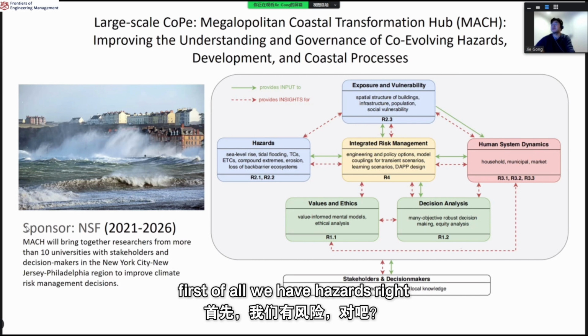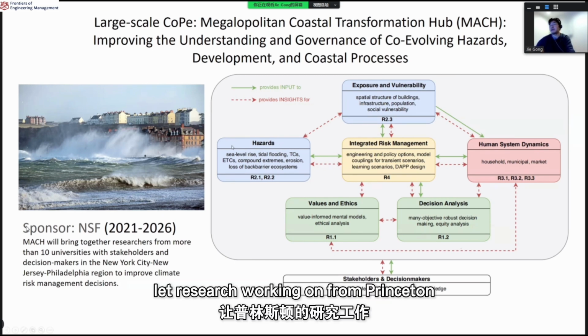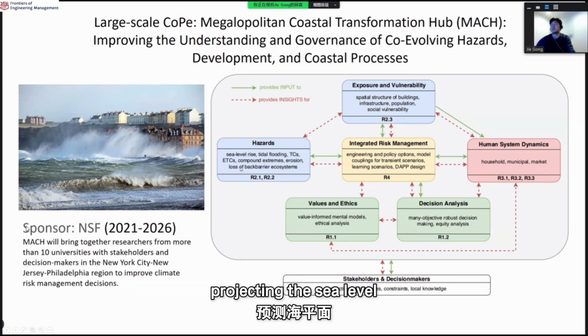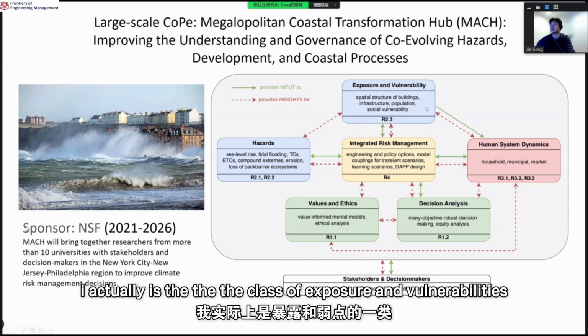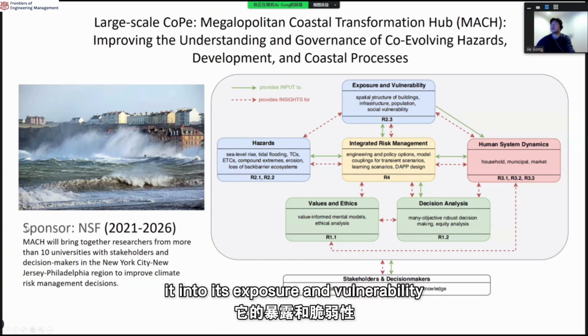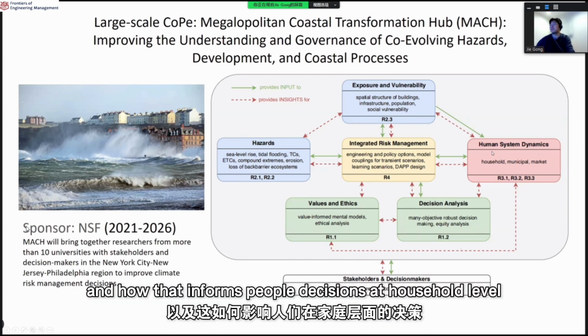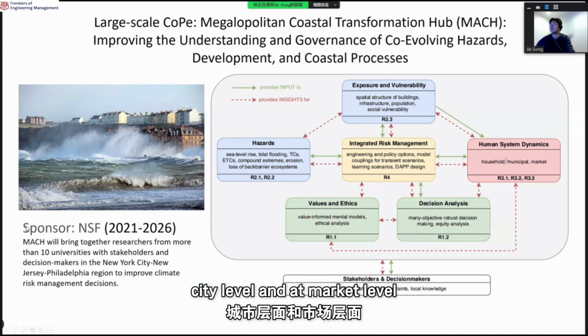First of all, we have hazards, right? We have top research from Princeton and many other universities working on hazards, projecting sea level rise, all these things. Then there is the cluster of exposure and vulnerabilities. Basically, given the hazards on the built environment, how that translates into exposure and vulnerability, and how that informs people's decisions at the household level, city level, and market level.